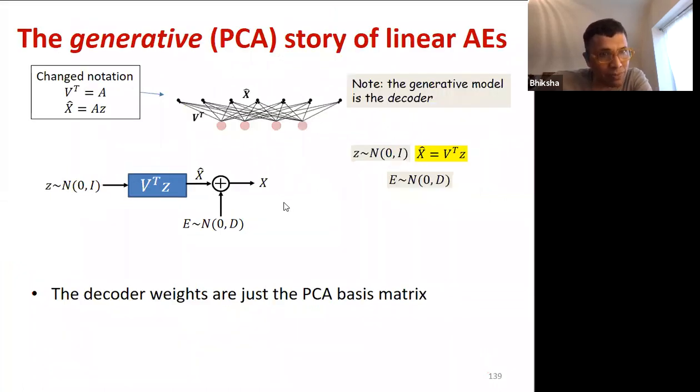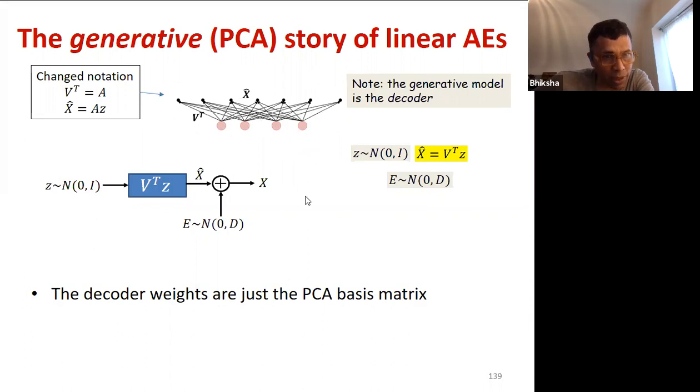And so here's the generative story for linear autoencoders, for PCA. You first generate Z from a Gaussian distribution, you put it through a linear transform, you get a new value, you add some noise, which is orthogonal to this, and you get your data point. So this is your decoder, where the input to the decoder is assumed to come from a unit Gaussian.